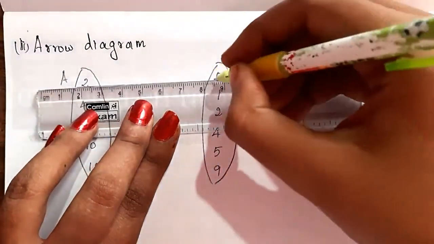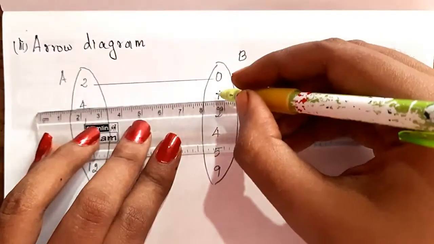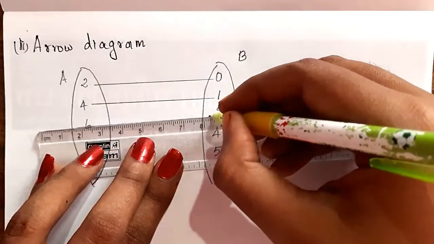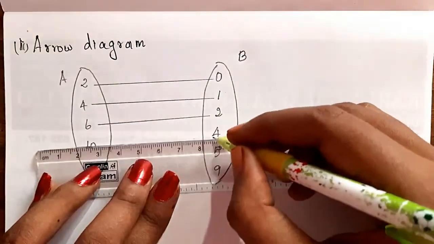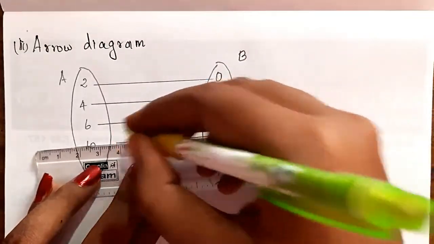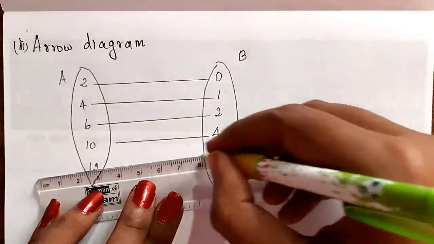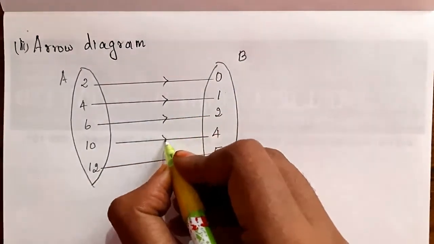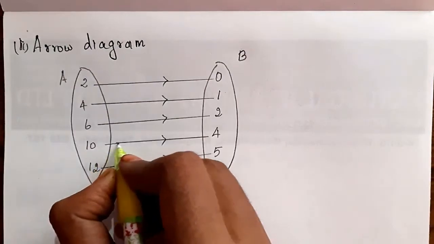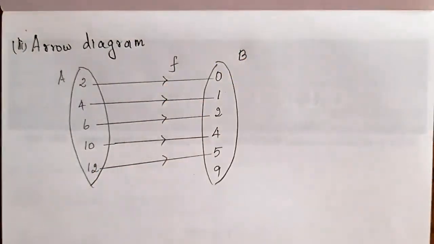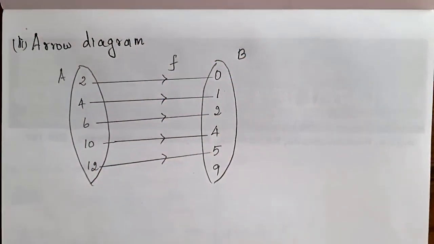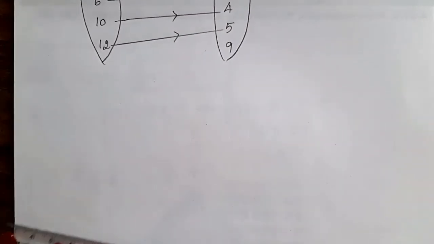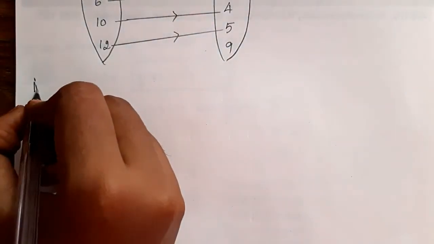So 2 comma 0, 4 and 1, then 6 comma 2, 10 comma 4, 12 comma 5. So this is our given f. Okay, we found the arrow diagram. Next we can draw the graph.